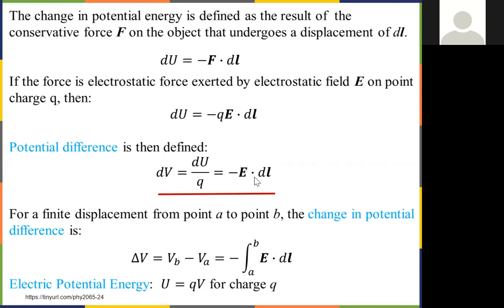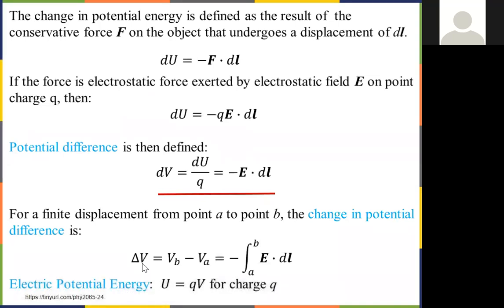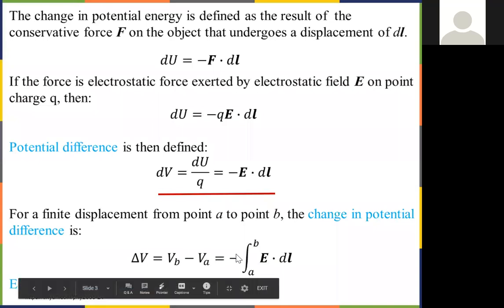The dot product of two vectors will give you a scalar quantity. Therefore, if you want to calculate the change in potential, you integrate this equation from here to there. The integration of dV gives you the change in potential difference, which equals minus the integral from point A to B of E dot dl.